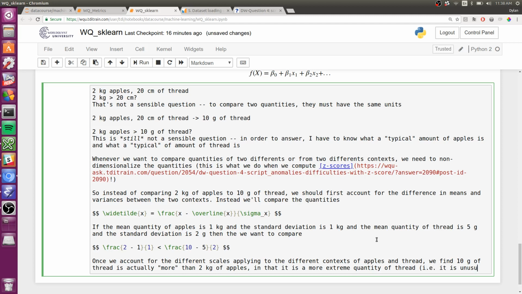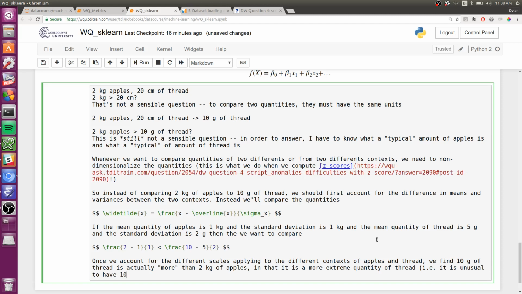It is unusual to have 10 grams of thread when the mean is 5 grams and the standard deviation is 2 grams, compared to 2 kilograms of apples.